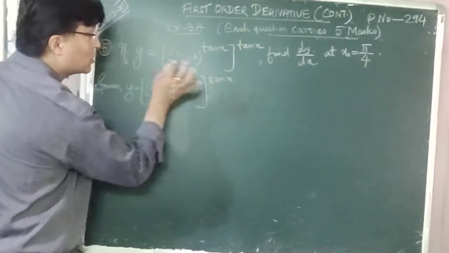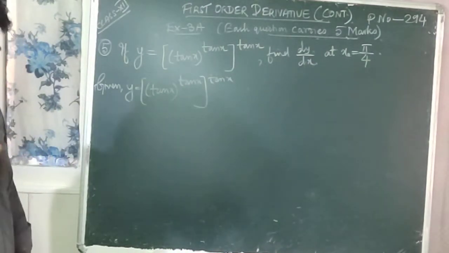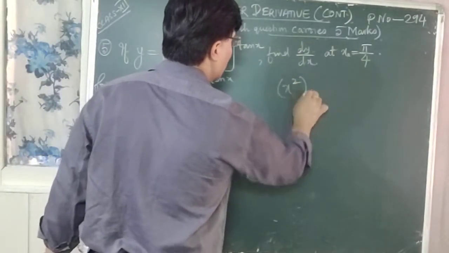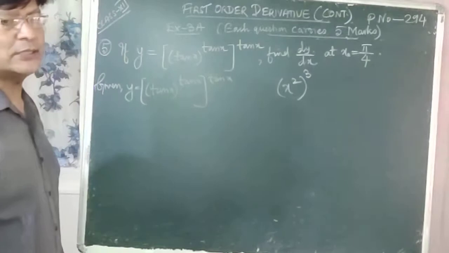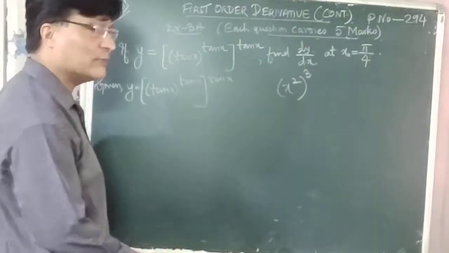So these two powers must be multiplied. Why is it multiplied? Why is it not added? Let me give you an example: x square whole cube. Is it x to the power 5 or x to the power 6? Let us simplify it.